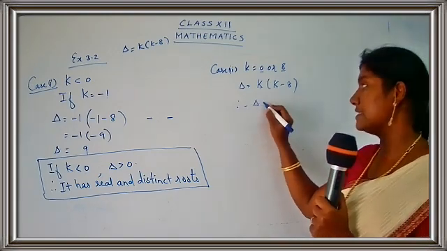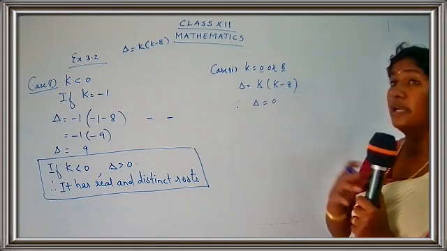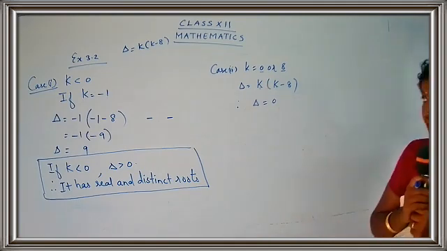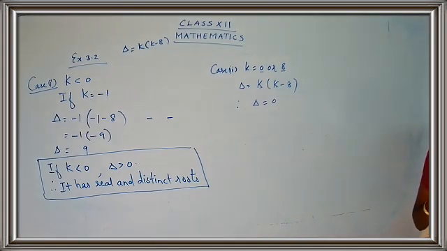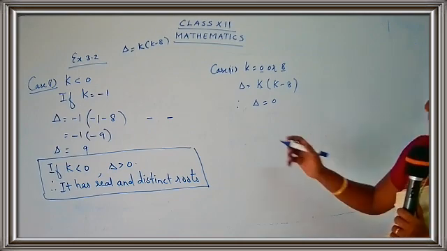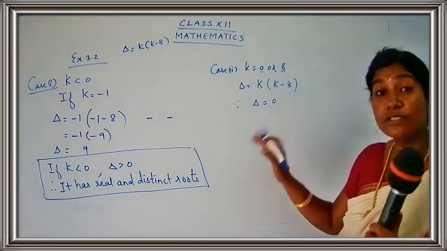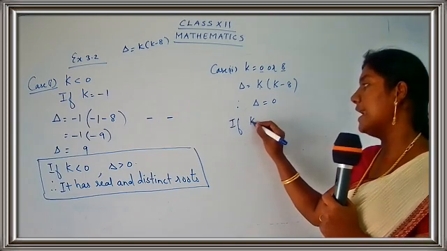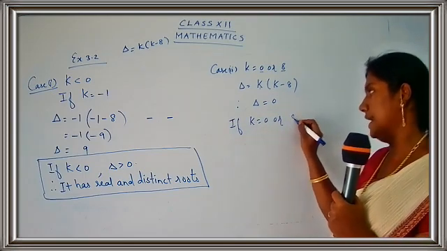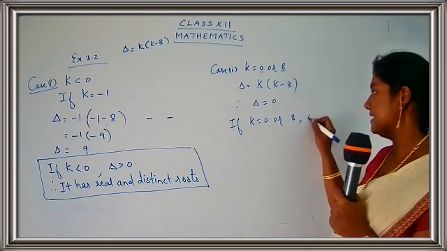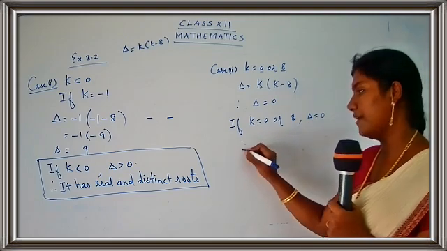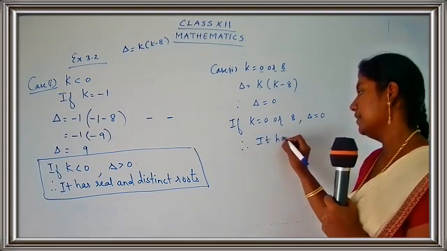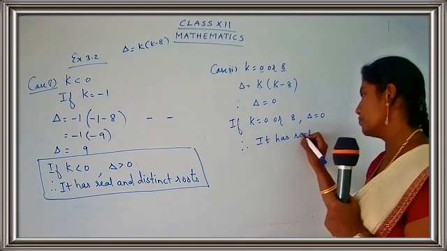Therefore, delta is equal to 0. That means what? The roots are real and equal. So write down here, if k is equal to 0 or 8, delta is equal to 0, therefore it has real and equal roots.